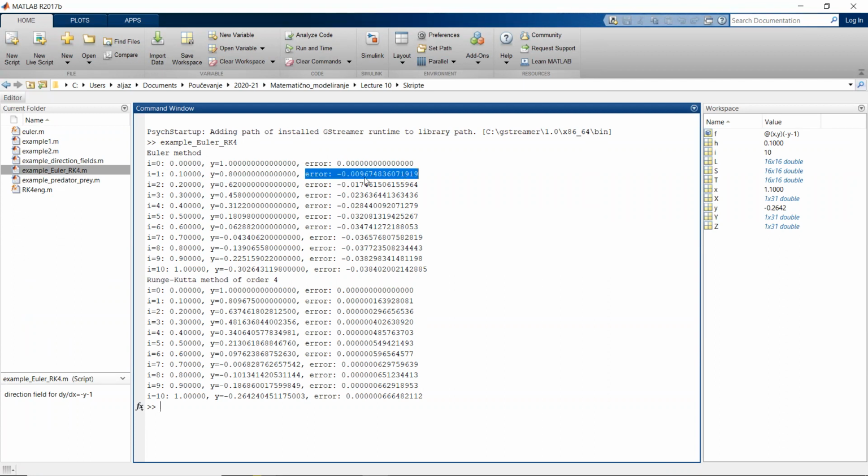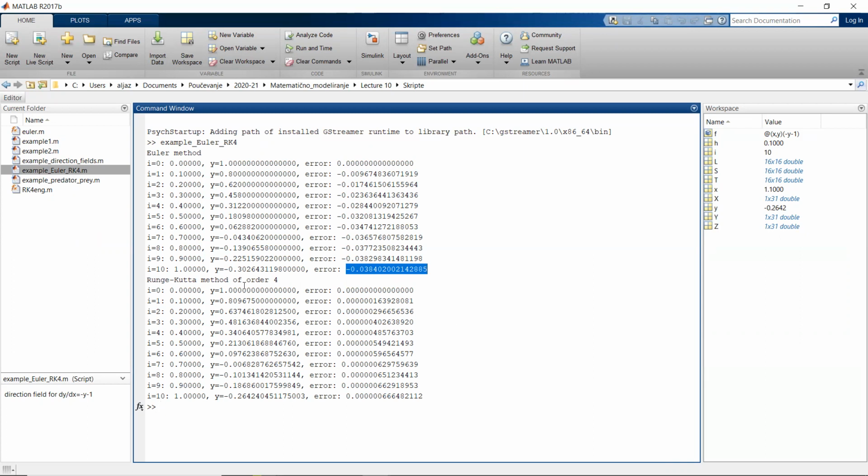And the error you see is on the fourth decimal place. And so on. We continue by step sizes 0.1, and after 10 steps we come to the point 1, and there you see that local errors sum up together. So at the end the global error is already on the 2nd decimal place. Each local error is on the 4th decimal place, but they sum up. So Euler's method is not very accurate.